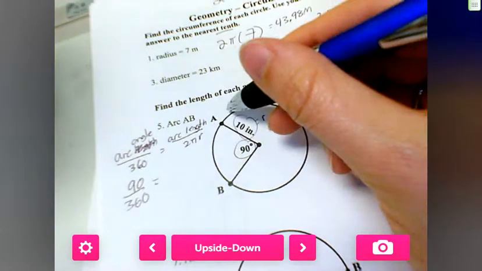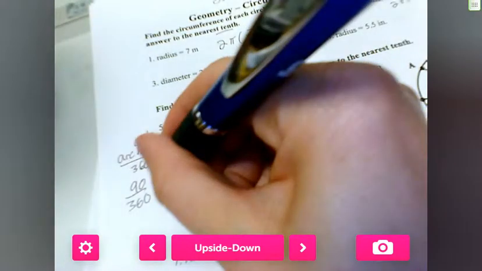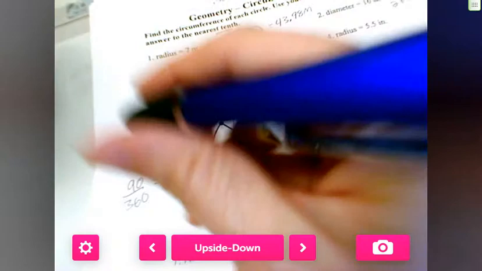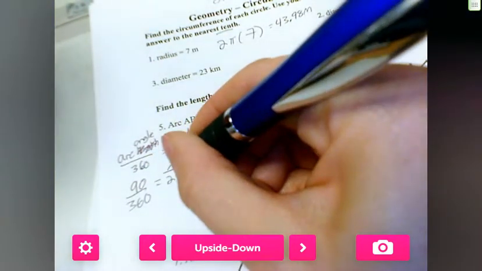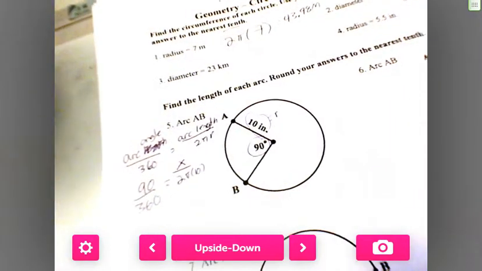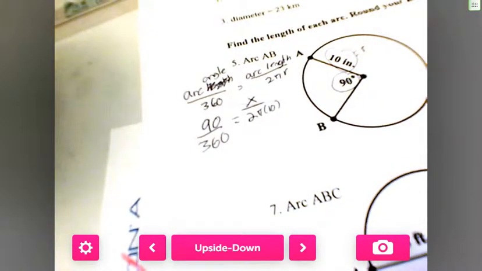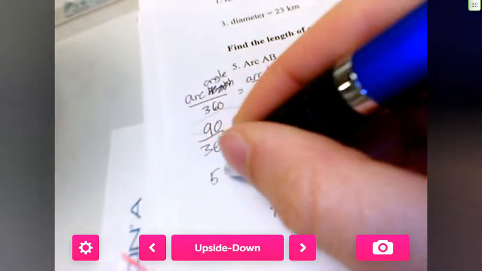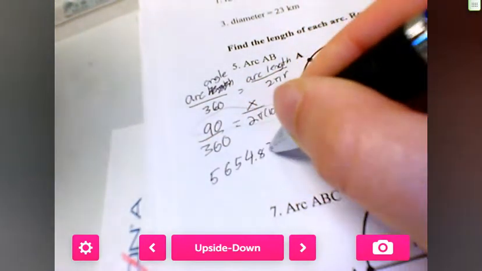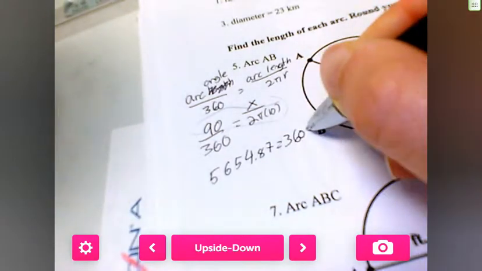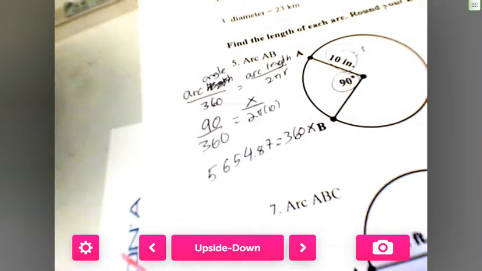I don't know the distance between A and B. So I'm going to put x over 2 pi r. So that's 2 times pi times 10. So far, so good? Now I'm just going to cross multiply. So I'm going to go 2 pi times 10 times 90. And I get 5,654.87 equals 360x. And then I divide by 360.